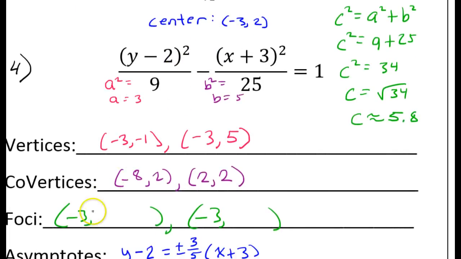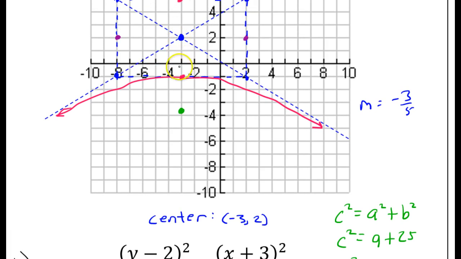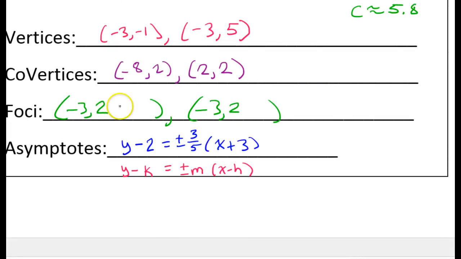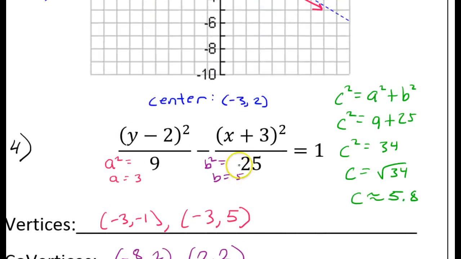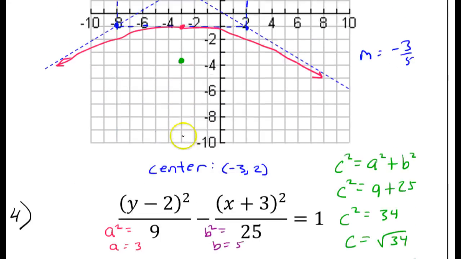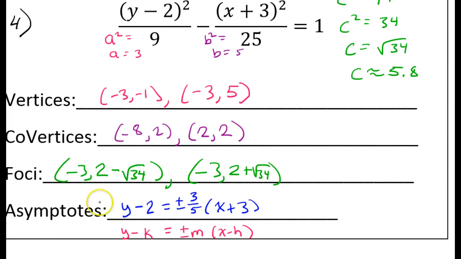So we're going to start with 2, and if we go down, we're going to subtract. So I'm subtracting the c value, radical 34. So this will be 2 minus radical 34. Similarly, the upper one will be 2 plus radical 34, because I'm starting at 2 and I'm going up radical 34. So that's going to be it for problem number 4.